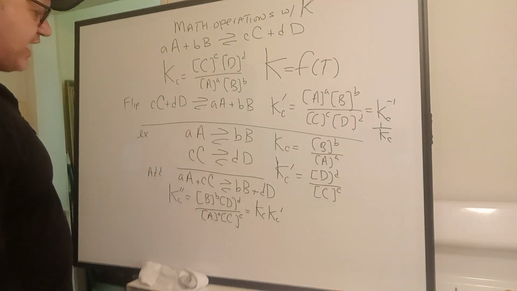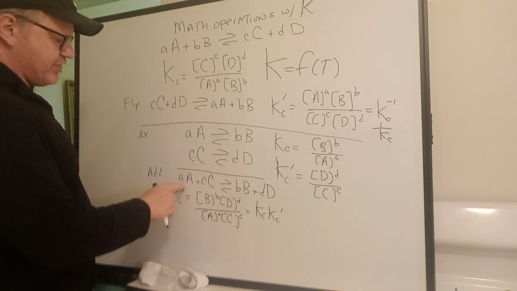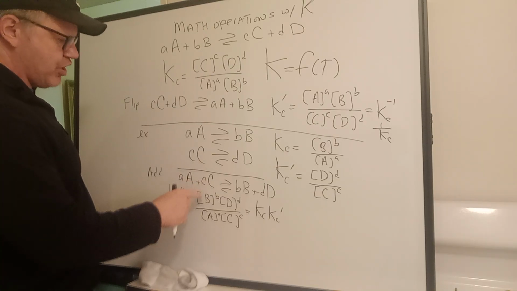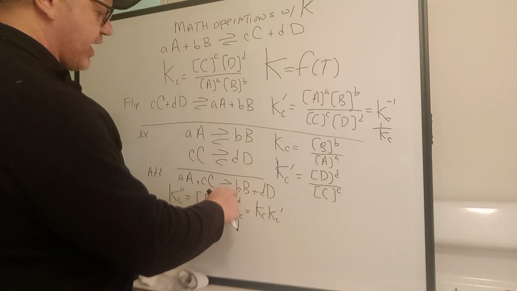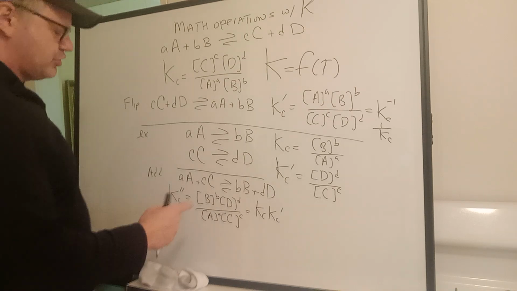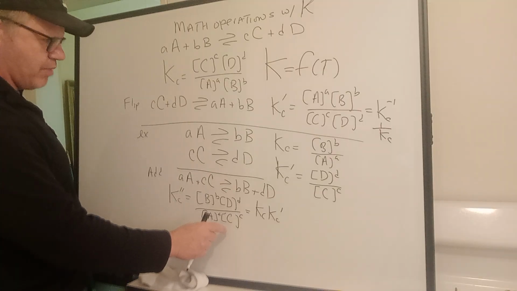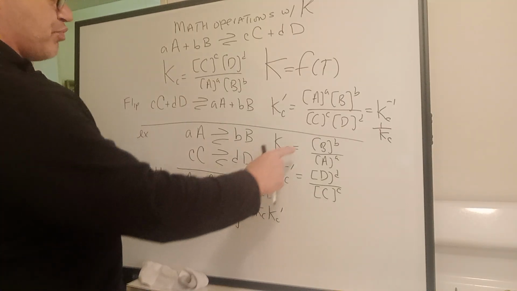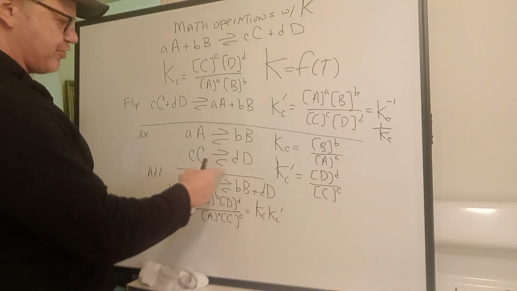When we add these together, I did want to make it a little different than above. We have, in this case, A plus C with their coefficients as the reactants, equals the products B and D with their coefficients. When you do this, what you'll notice is you get products over reactants, same form, and that's simply the product of Kc and what I'm calling Kc prime for the second reaction.